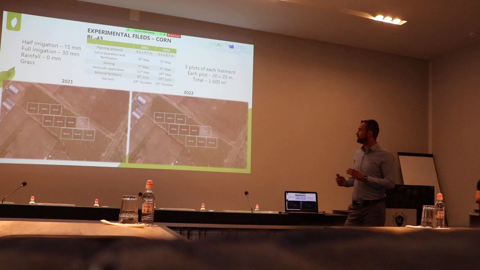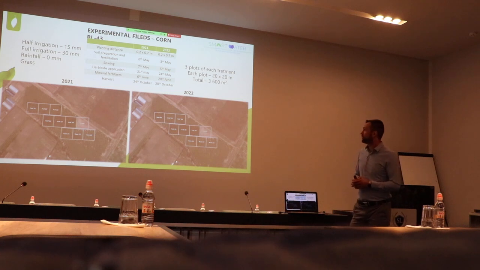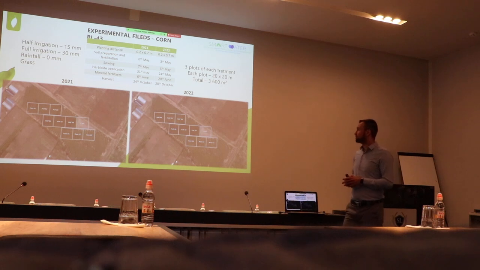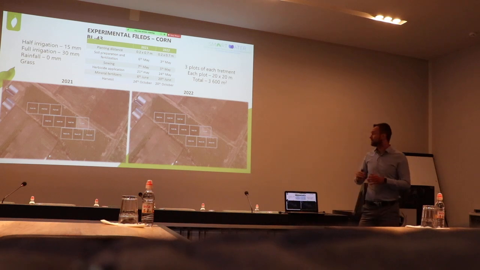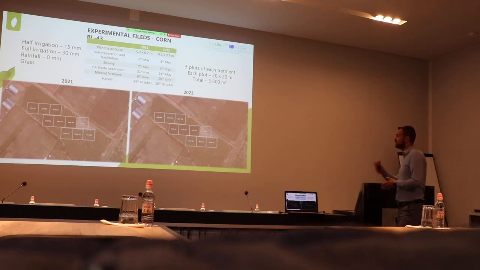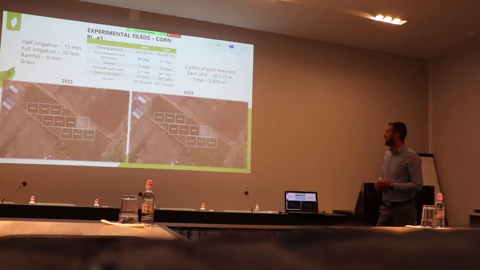We used the local hybrid of corn for the experiment, BL43, and the table shows some information about planting distance and some important dates from soil preparation to harvest in 2021 and 2022 of the experiment.